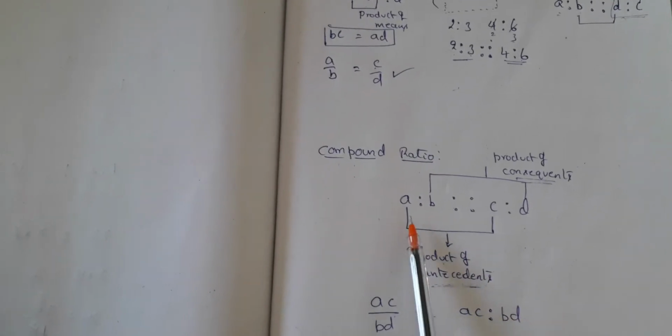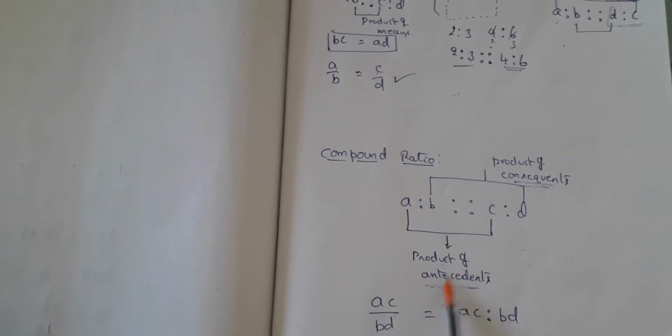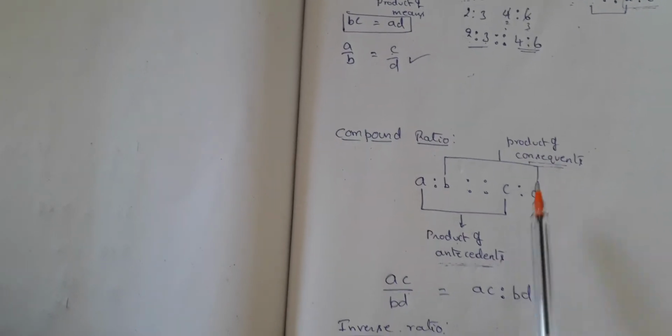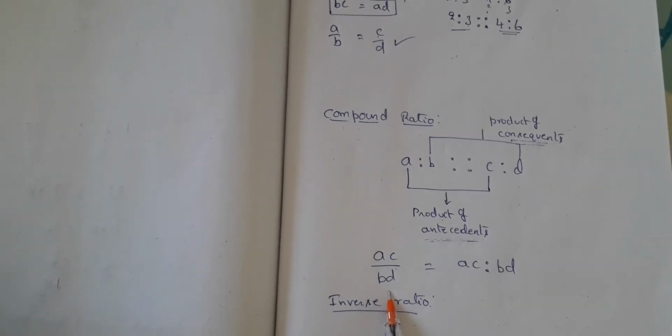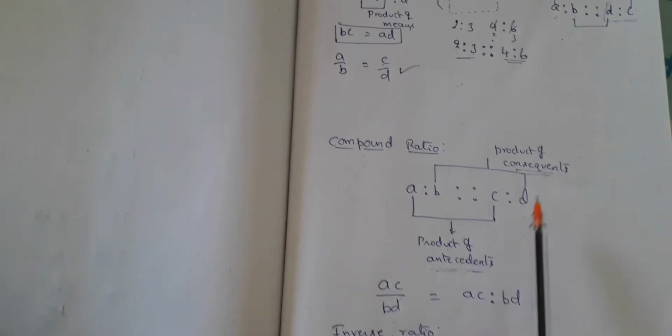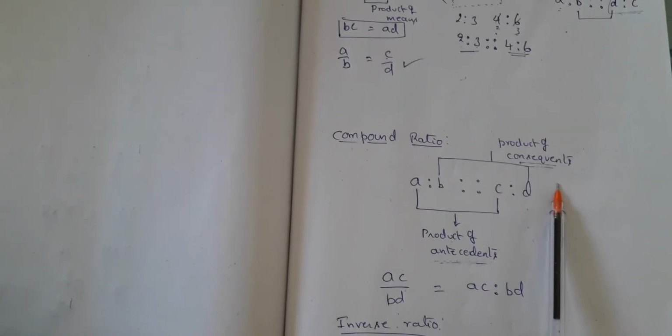And here to write the compound ratio, what do you have? Product of antecedents divided by product of consequents gives you the compound ratio.